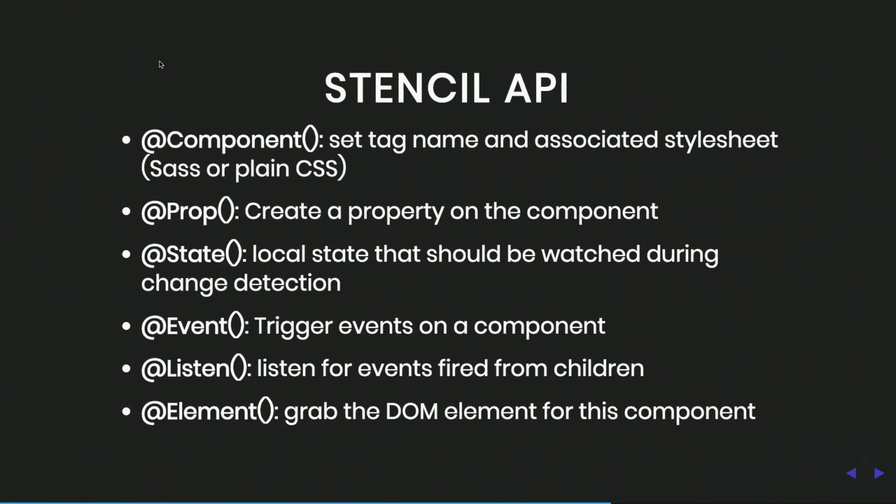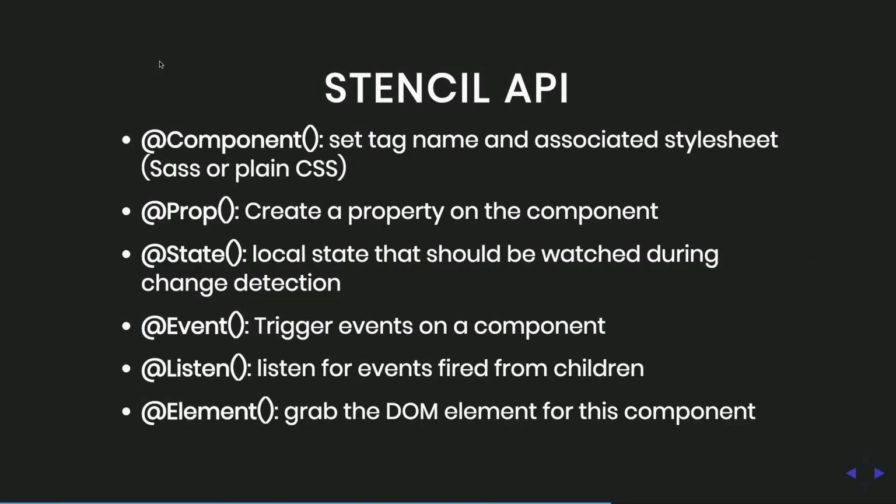Okay, so Stencil itself, as I mentioned, is a compiler, and it just has a super minimal API. There's really nothing to it. Like I mentioned before, we have that component decorator, which is where you define the metadata around the tag and potentially any SASS files you want to compile. The prop decorator says, hey, this is a property where you're going to pass in dynamic data.